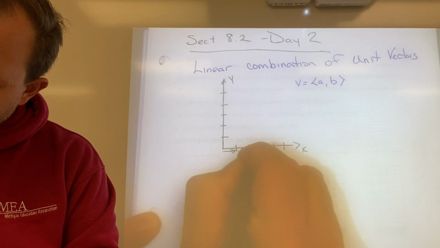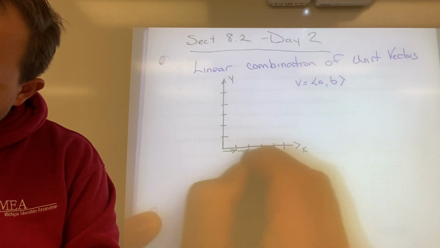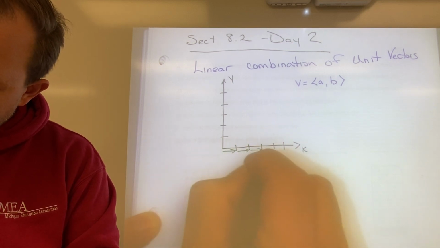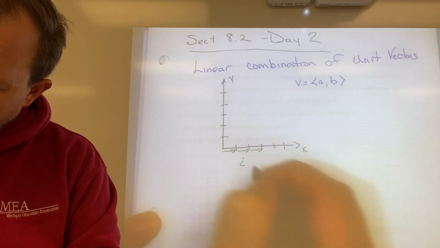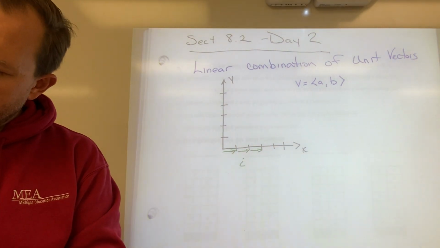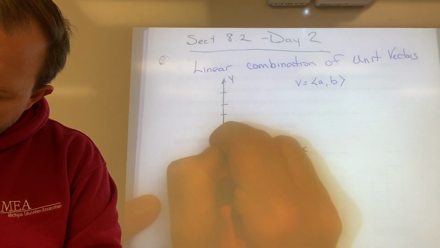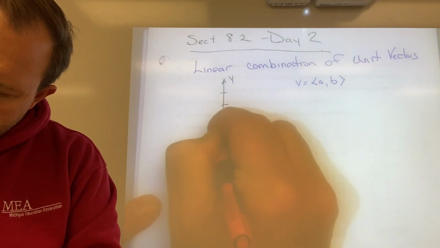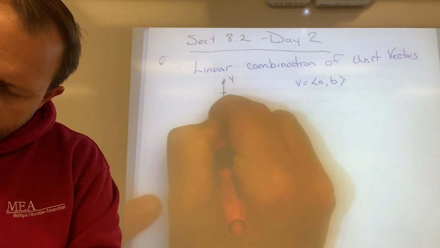I'm going to put in 3 little green arrows here. I'm going to refer to that whole distance as I. And then I'm going to go up. I'm going to put in 4 little red arrows.